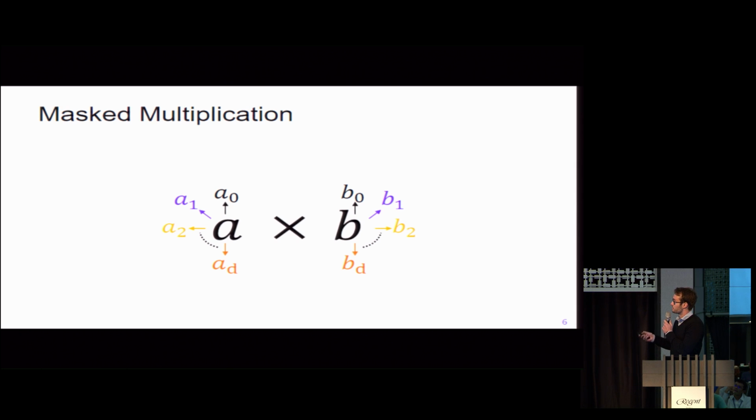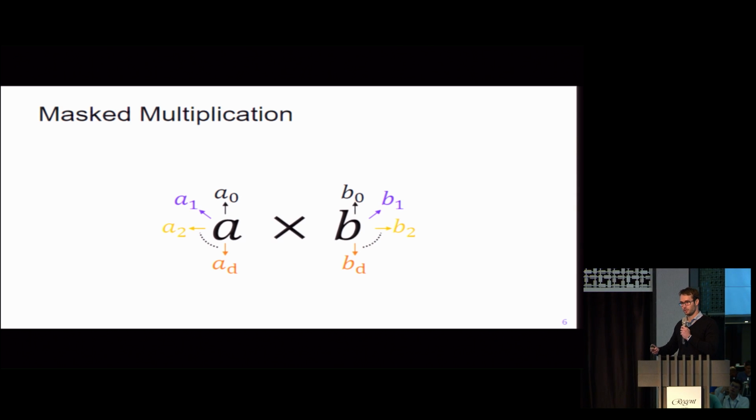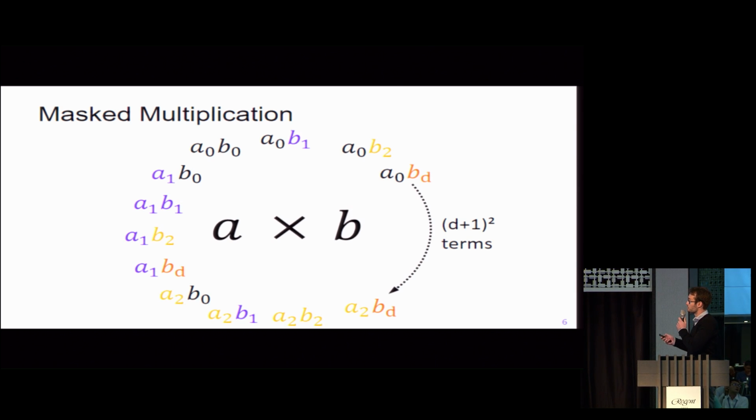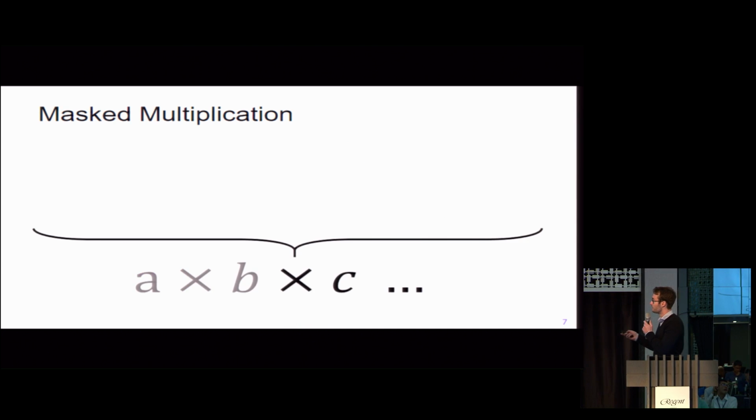So A here consists of A0, A1, A2 up to AD, so D+1 shares. And the same is true for B here. And if we want to calculate the multiplication of those two, what we get are (D+1) squared terms. And up to now, we don't need any randomness at all. So if we could live with this blow-up in terms of shares here, this would be almost fine.